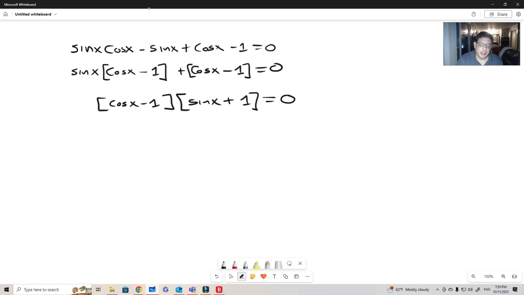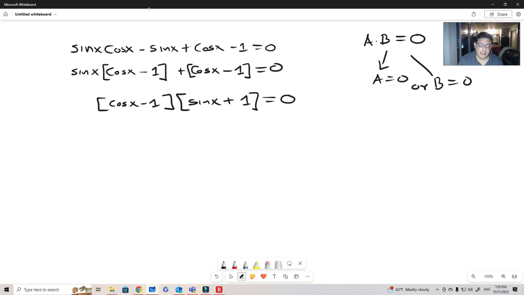Now, this is a couple things multiplied equal to 0. And remember that the zero product rule says that if a times b is equal to 0, then a is equal to 0 or b is equal to 0. Okay?